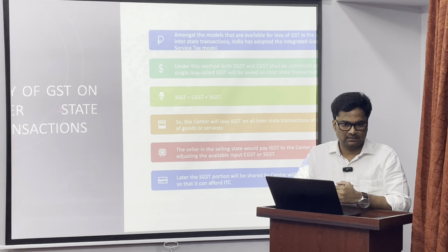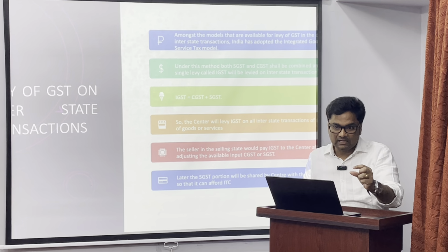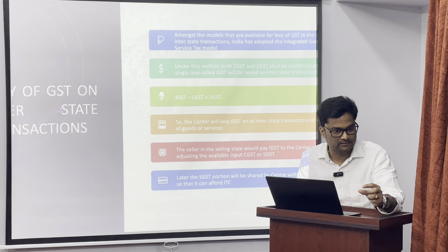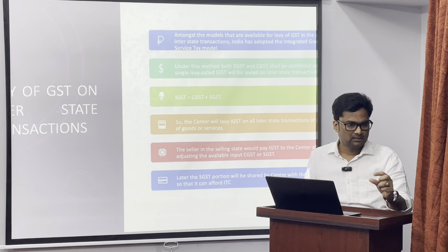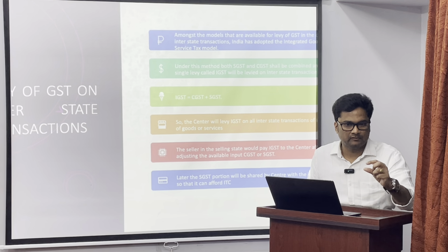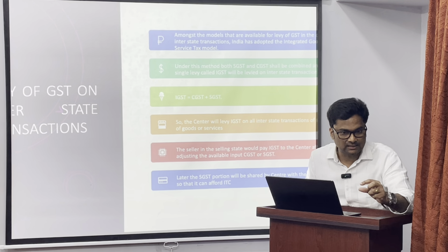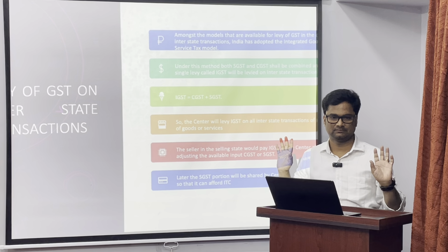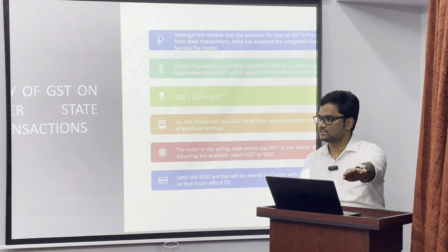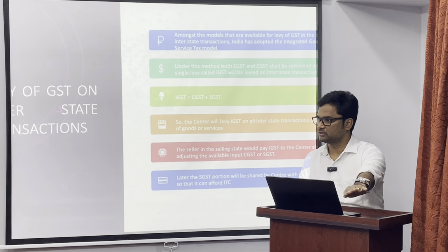But now the law says the moment you use the IGST credit for payment of SGST, state tax, to that extent, the center will transfer that amount to the respective state, in which the IGST has been used for payment of their state tax.